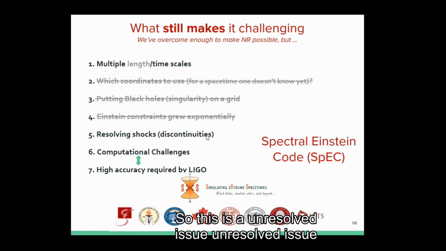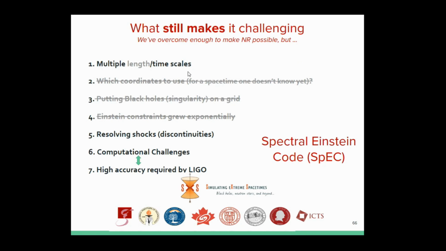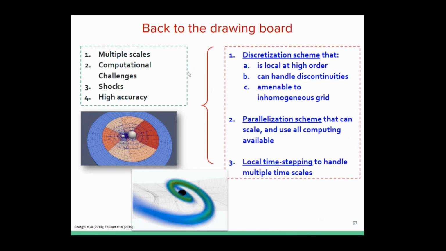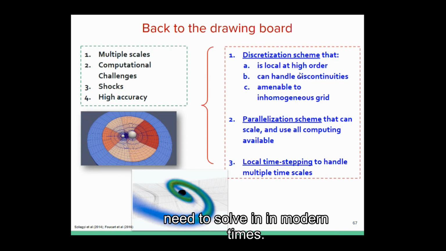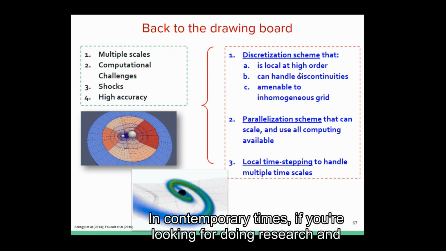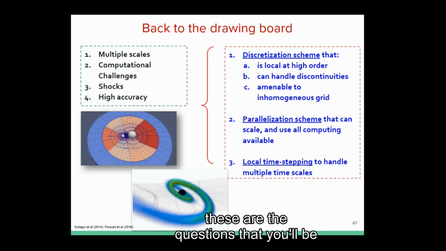So this is an unresolved issue. You can always make it more accurate for finite time, and we don't handle time scales well. There are different time scales. So basically, these are our remaining challenges that we need to solve in contemporary times. If you're looking for doing research in this area, these are the questions that you'll be working on.